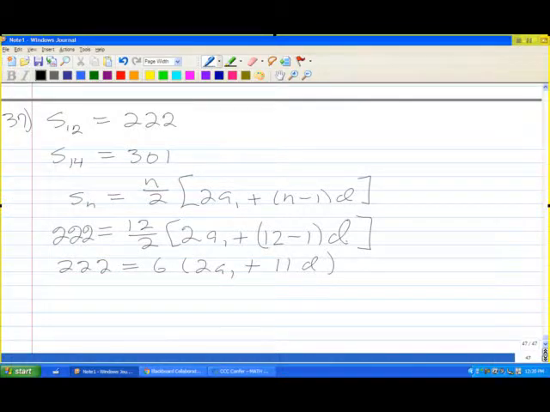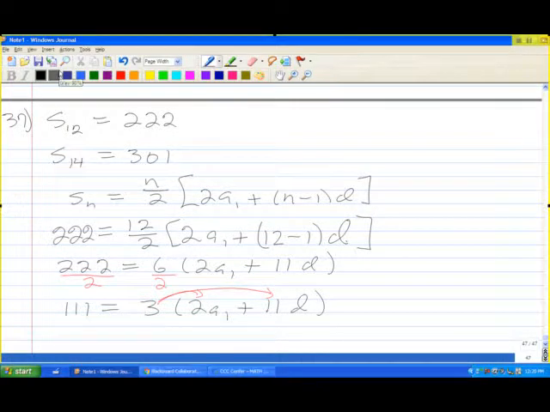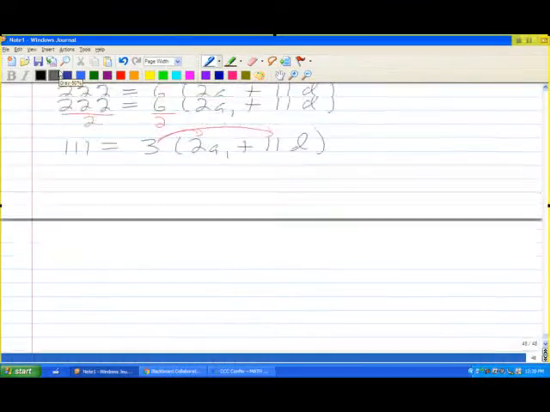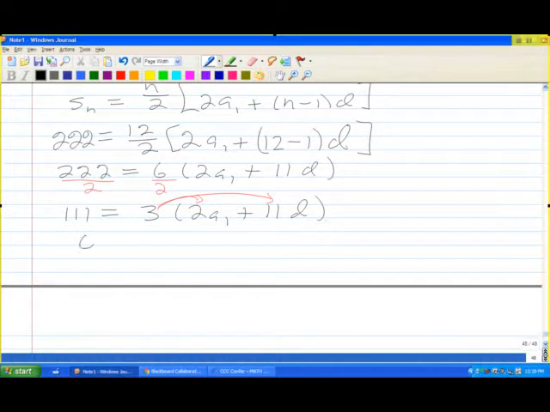Let me divide both sides of my equation by 2, because it gives a slightly easier answer. And so I'll get 111 equals 3 times (2a1 plus 11d). Let me multiply the 3 inside the parentheses. And so I'll get my first equation, 6a1 plus 33d equals 111. Let me call that equation one. So that's my first equation.